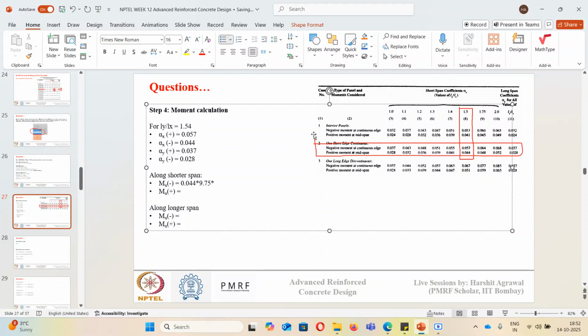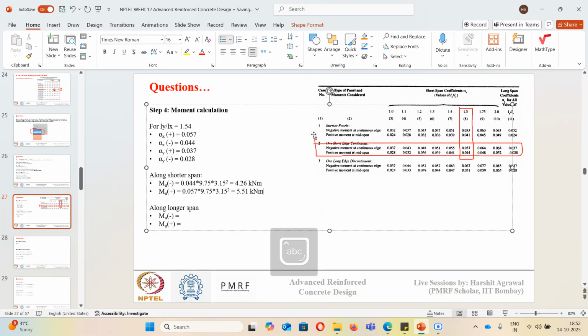The shorter direction length was 3.15, squared. So this will give me a moment of 4.26 kilonewton meter. Similarly, we can calculate for the others also: 0.057 times 9.75 times 3.15 square. So this will give me a value of 5.51 kilonewton meter.